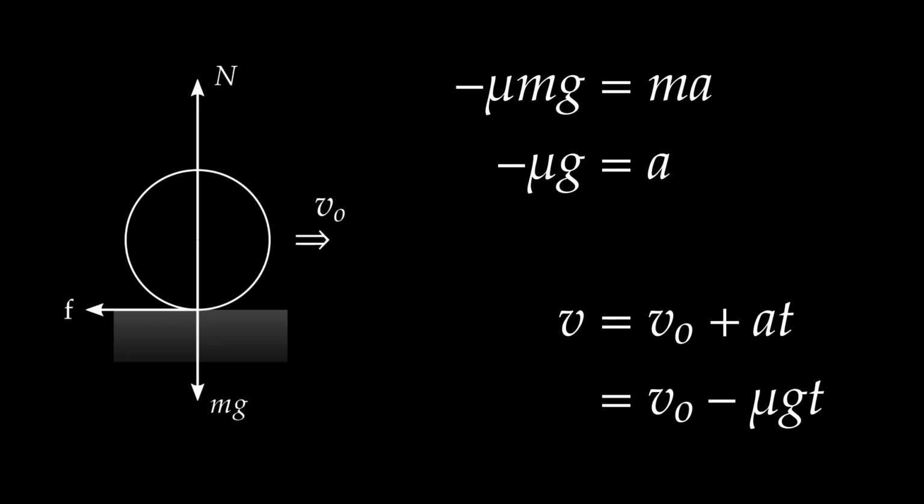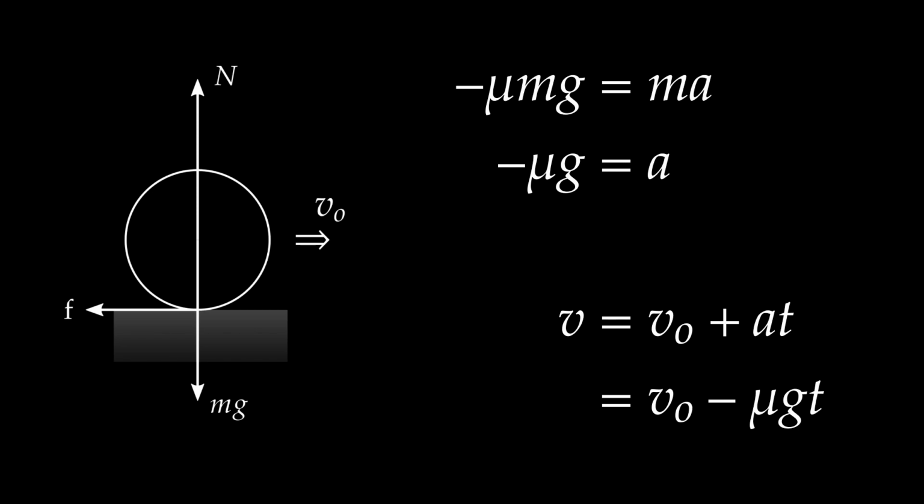So I've applied Newton's second law to find the translational acceleration of the bowling ball, and therefore I can write with great confidence that the velocity of the bowling ball at any time is equal to the initial velocity plus the acceleration times time, because this acceleration is going to be constant: the normal force is constant, therefore the friction force is constant, therefore the acceleration is constant.